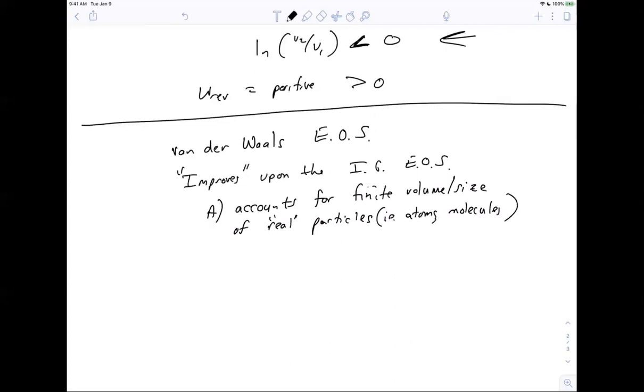Whether you've been told this or not, one of the implicit assumptions of the ideal gas equation of state is that the particles are point particles. They effectively have no volume or no size. This is an implicit assumption.